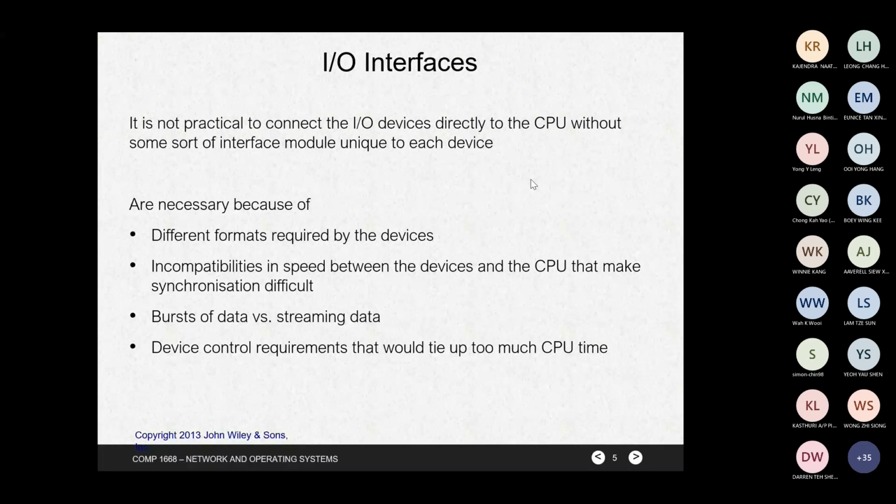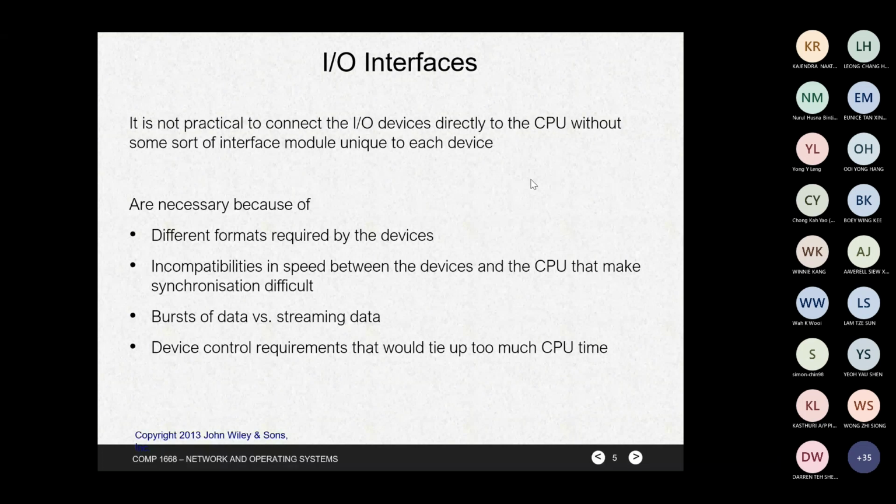So I/O, as we understand, is directly connected to the CPU, with some interfaces that we understand. There is a bus in between. There will be an interface between the I/O and this component, but directly or indirectly, they are all connected as one big unit.